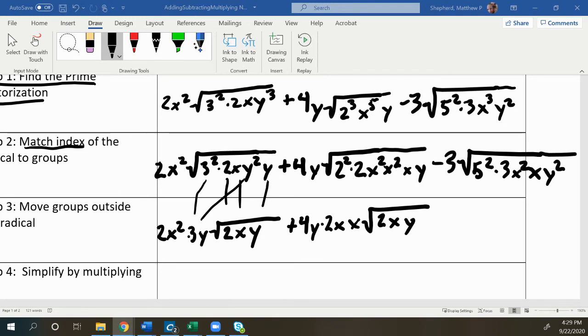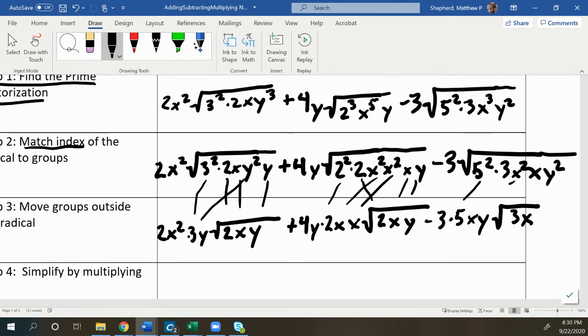Okay, and so we see that's where all of those came from. Next, minus 3, and we can have a 5 come out, an x come out, and a y come out. And we're going to be left with a 3 and an x on the inside.